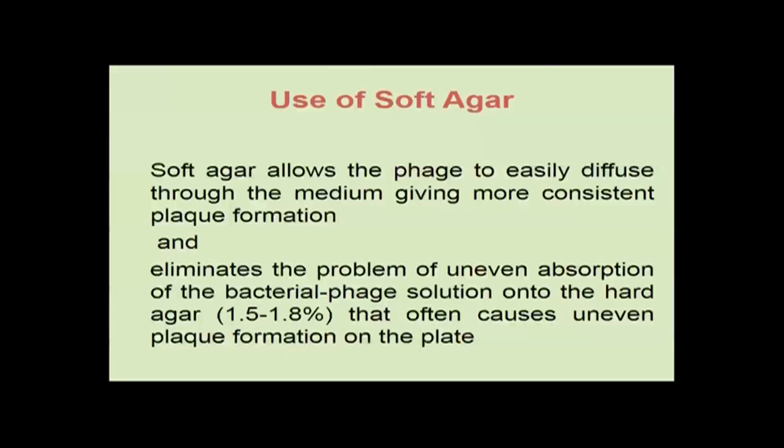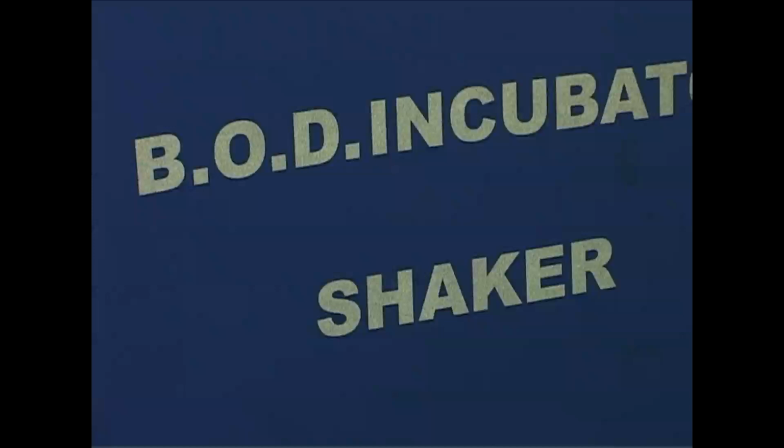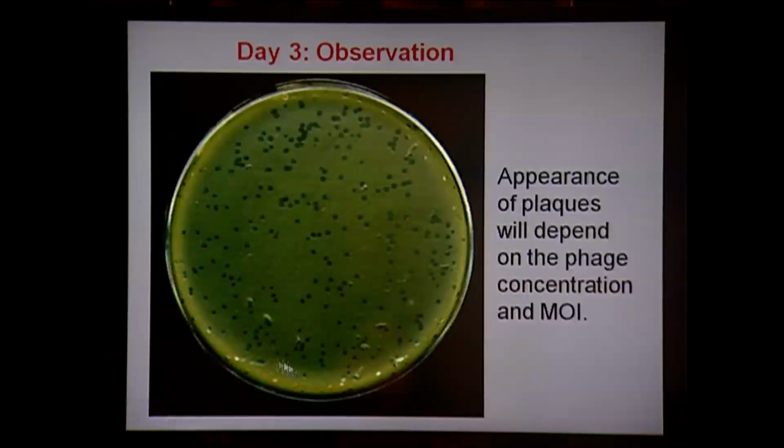That is why we used soft agar. It also eliminates the uneven absorption of host phage on the hard agar plate. Now, on day 3, we will observe and count the number of plaques, and the appearance of plaques depends on the phage concentration and also on the multiplicity of infection.